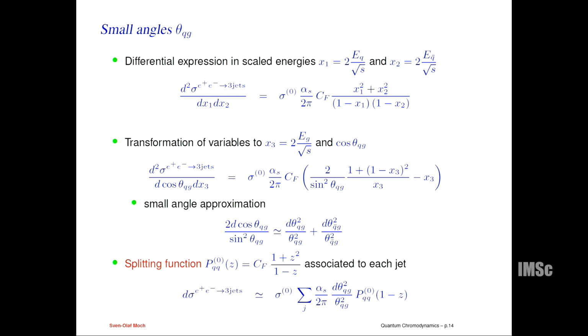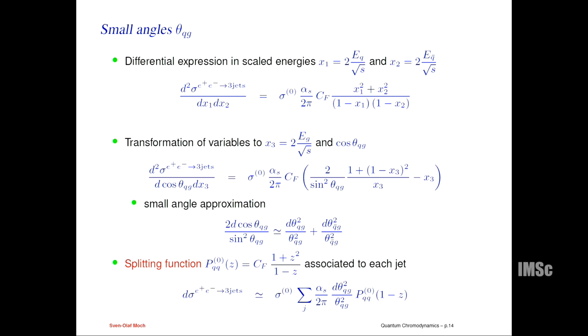And then if you do your math and translate x1 and x2 and 1 over 1 minus x1 and 1 over 1 minus x2 to the variables gluon energy, which if I rescale the gluon energy in the same way as the quark energies, I call this variable x3, and I take the cosine of small angles, then this whole expression stays a simple expression. It becomes 2 over sine squared theta of the angle between quarks and gluons. And then I have 1 plus 1 minus x3 squared over x3, minus x3.